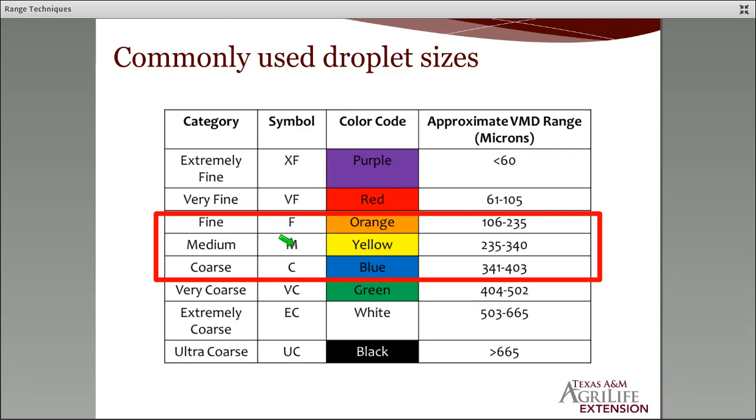Fine to medium to coarse. Keep in mind, the smaller the droplet, the more drift potential. Also, if you look over here, you will see the micron size. We're going to look at microns more in depth here in a minute.